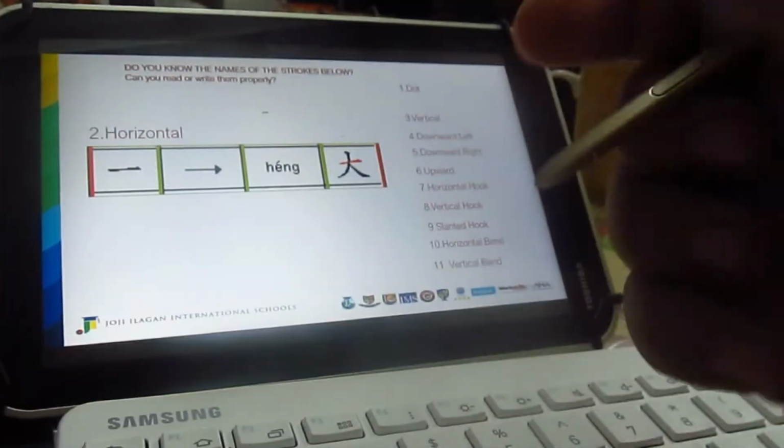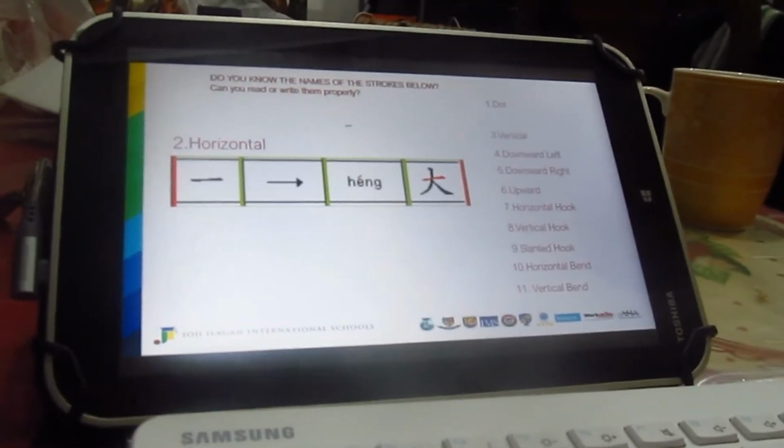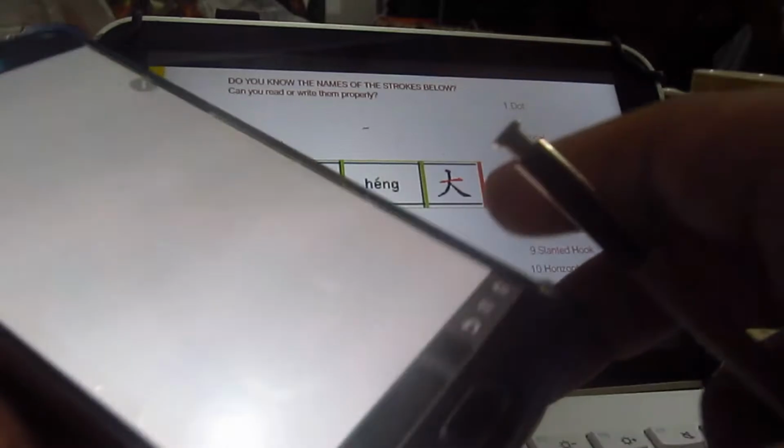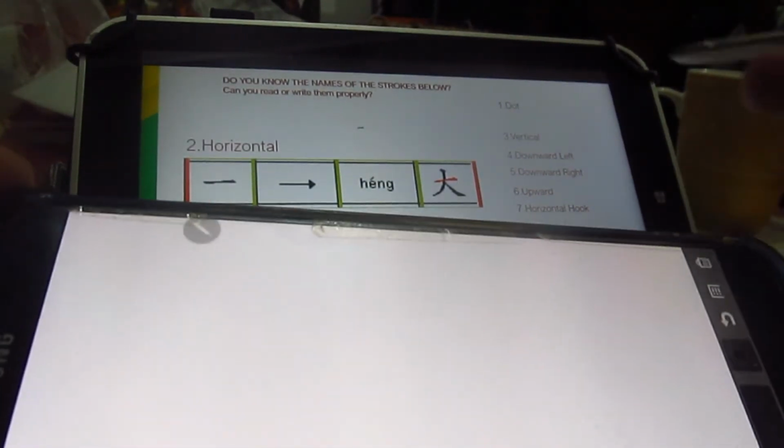So next is the horizontal stroke, or hung. The hung is the horizontal stroke, written from left to right.